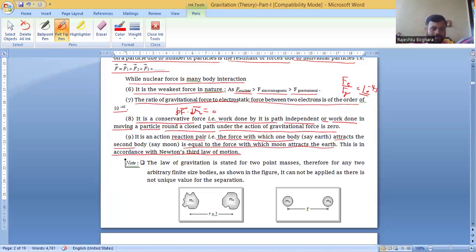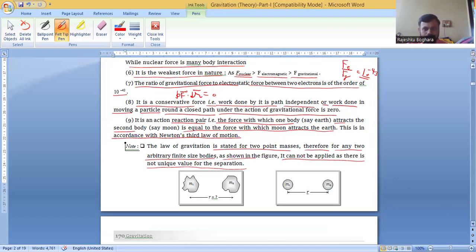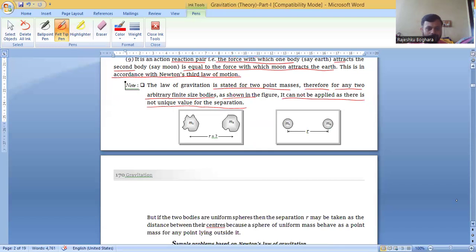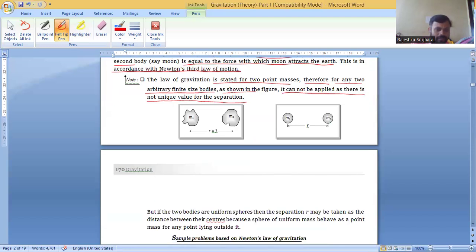Now, the law of gravitation is stated for 2 point masses. Therefore, for any two arbitrary finite size bodies as shown in the figure, it cannot be applied as there is no unique value for the separation. But if the two bodies are uniform spheres, then the separation R may be taken.